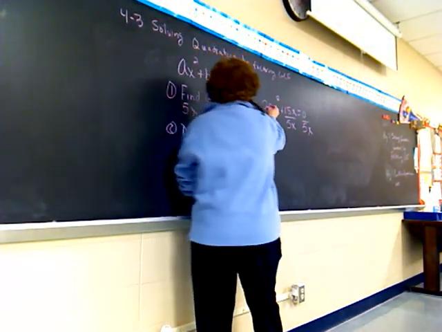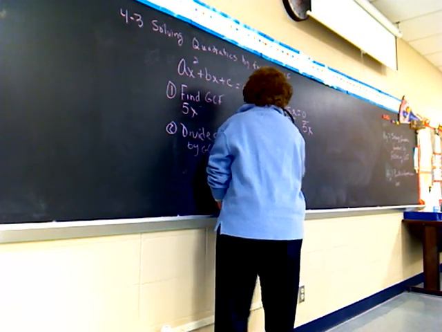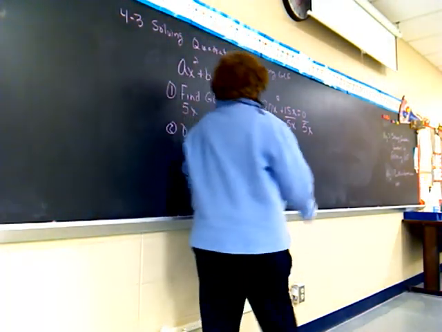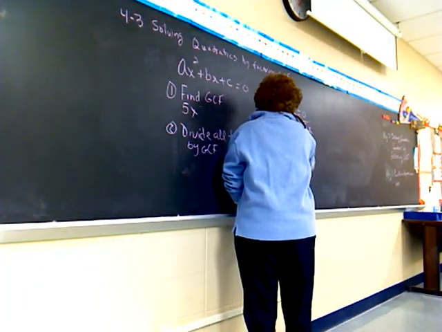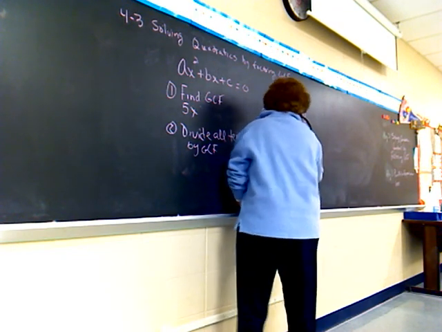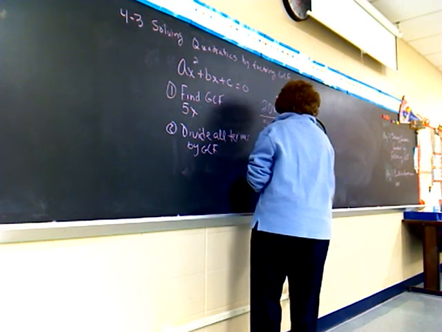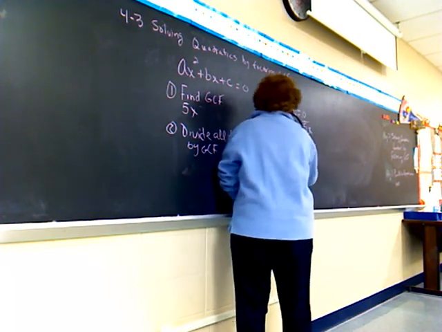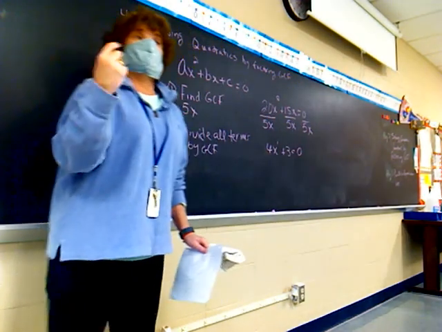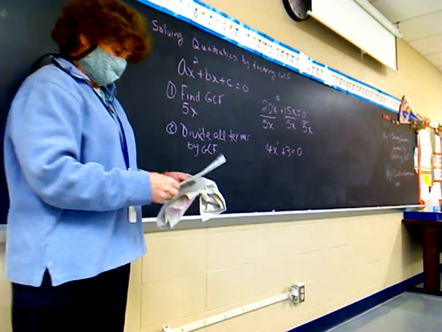So 20 divided by 5 is 4. 2 minus 1 gives me x to the first. 15 divided by 5 is 3. X divided by x is 1. 3 times 1 is just 3. So I don't even need to really write that. And then 0 divided by 5x is still just 0. That's what we get when we divide by the greatest common factor.